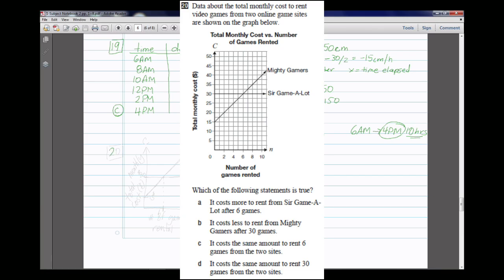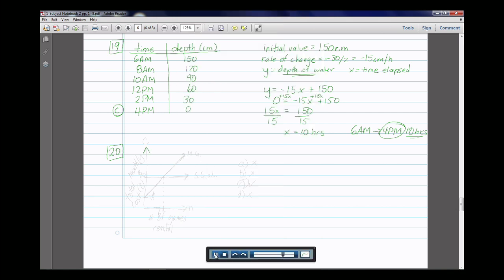Now we'll take a look at multiple choice 20, and they give you a graph to consider, and it says data about the total monthly cost to rent video games from 2 online game sites are shown on the graph below. And I'll just sketch it again. I'm not going to draw it out in detail because you would have the book in front of you if you're writing the test.